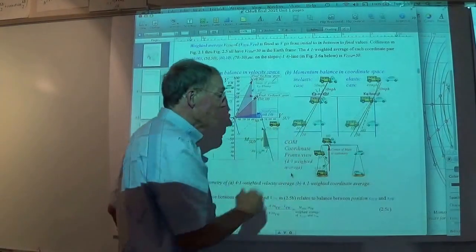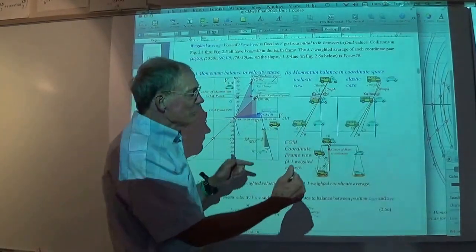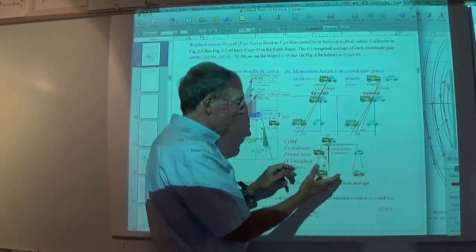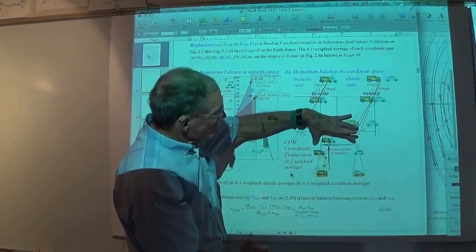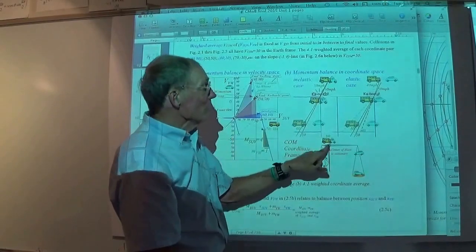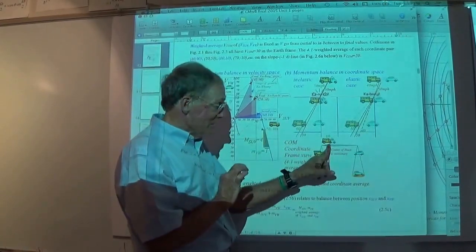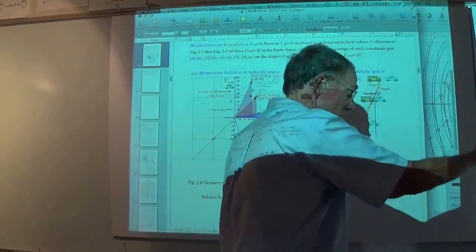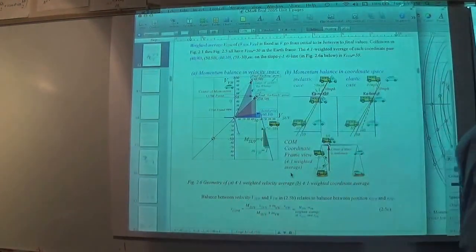There are the two possibilities. But when these two cars are coming together, and if you could somehow make a scale right at the center of gravity, now that's in space, you see, that's over here. That's in this drawing here.